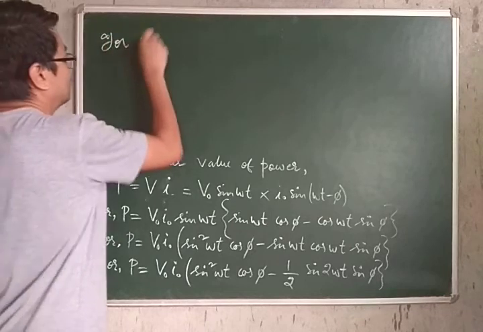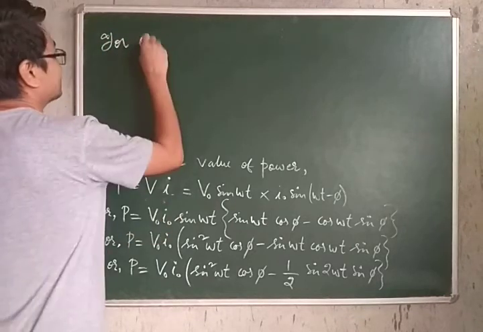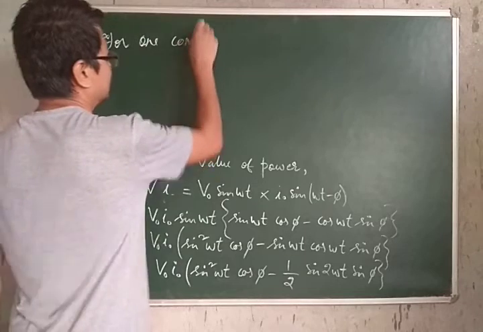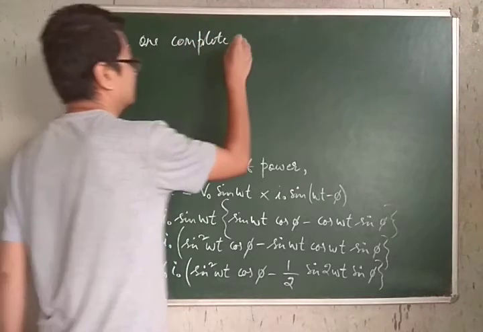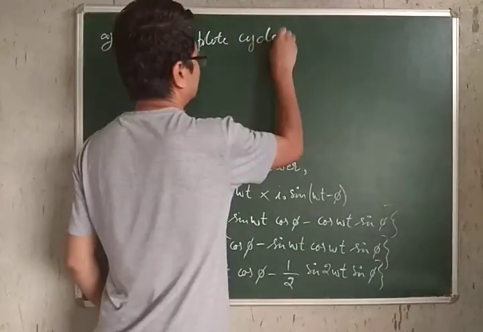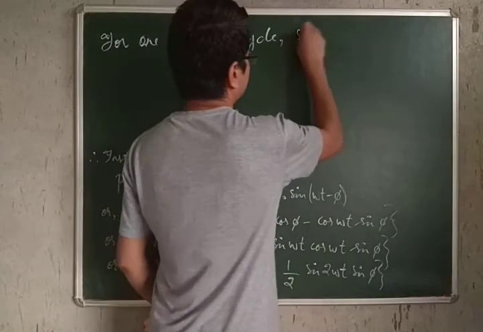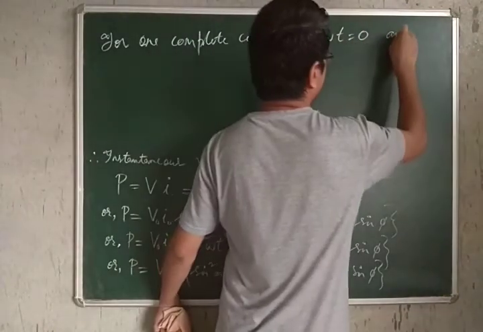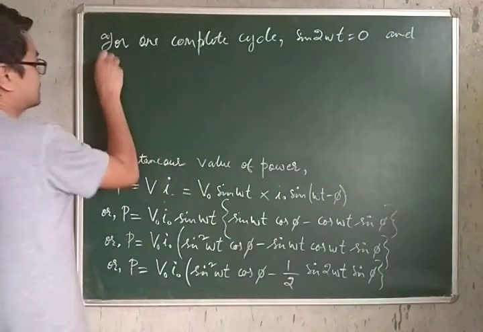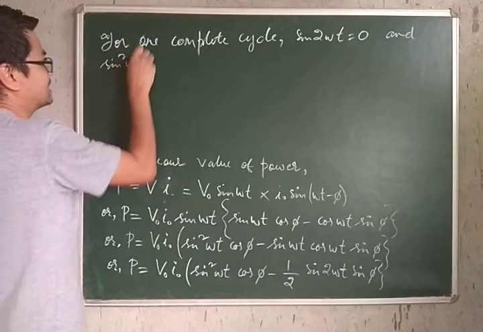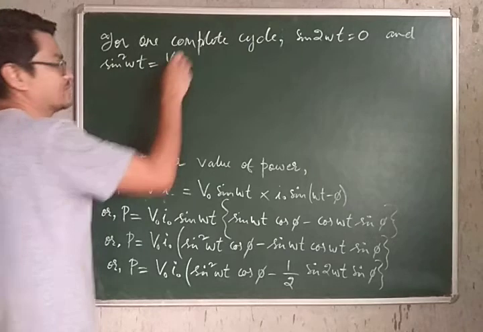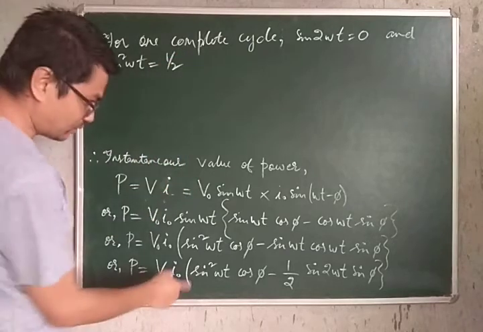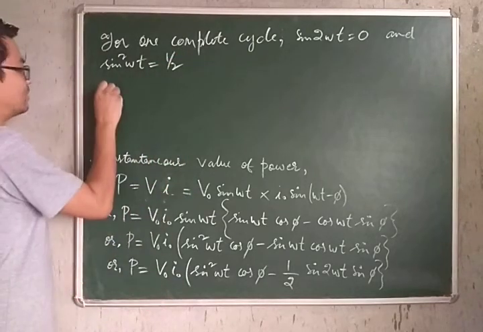For one complete cycle, sine 2 omega t is 0 and sine squared omega t is equal to half. We've seen this. So therefore, what does the expression for power now look like?